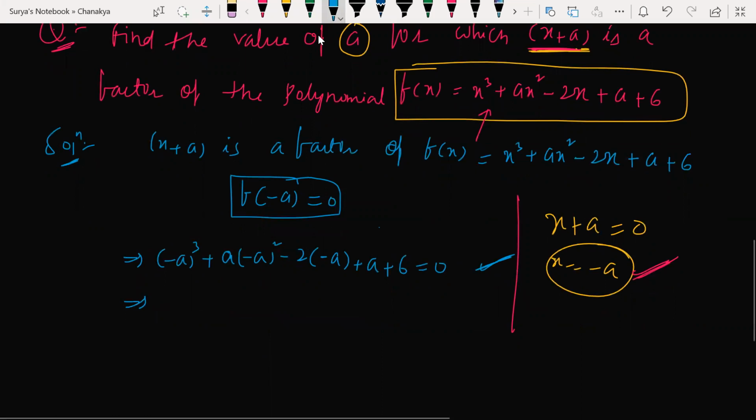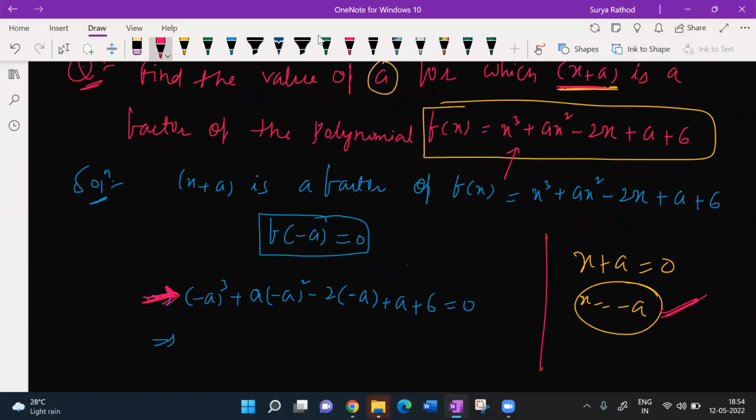See here, did you understand how I wrote this? Where's the mouse? Now I'm asking, did you understand this? I think you're not able to see the mouse, right?